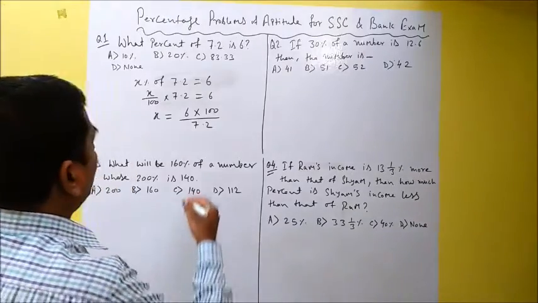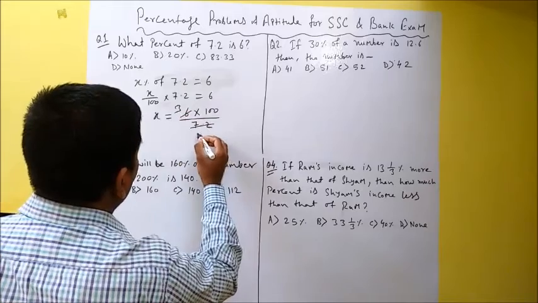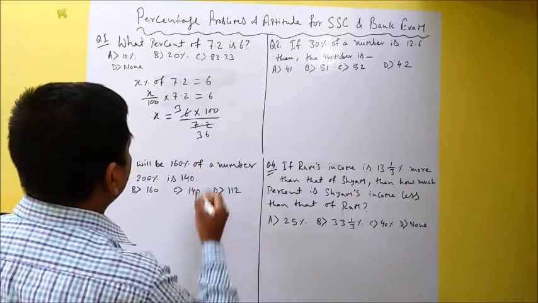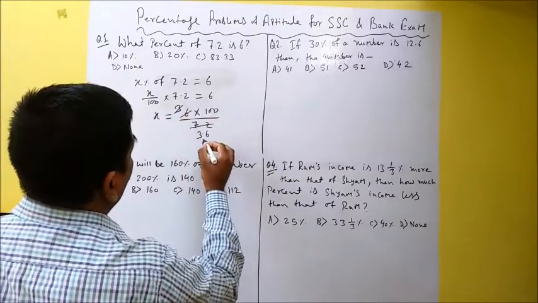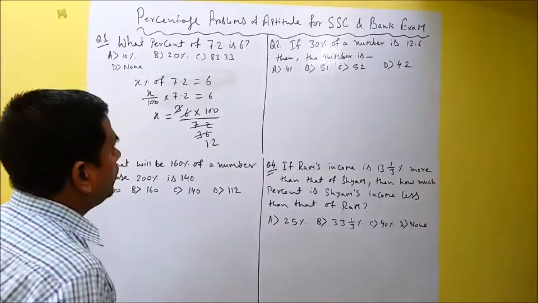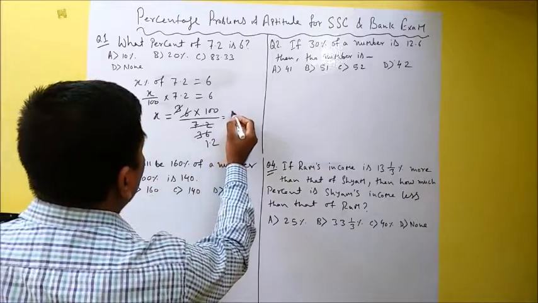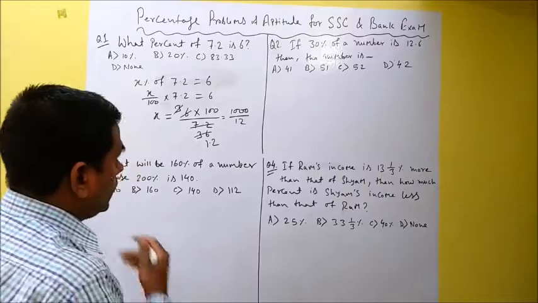If we solve this, it becomes 36, then the point is there, so this becomes 100 upon 1.2. This can also be written as 1000 upon 12.